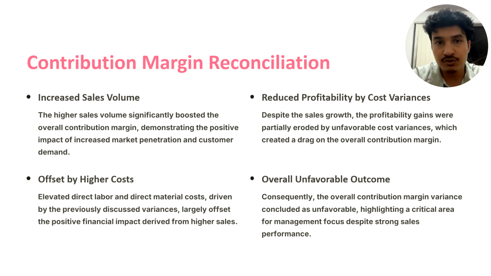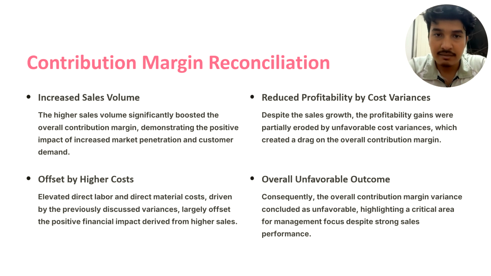However, this positive effect was more than offset by unfavorable variable cost variances. The most significant issue came from direct labor and direct material. Labor costs increased mainly due to overtime payments, which were required because of machine breakdowns and idle time. At the same time, material cost increased because faulty parts were rejected rather than reworked.